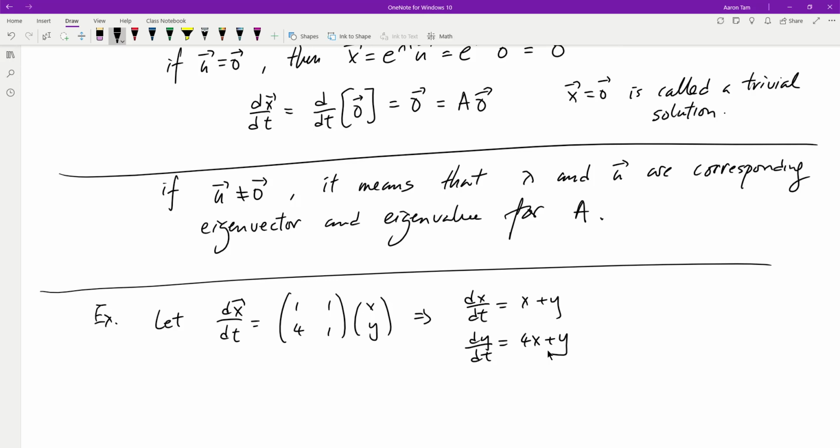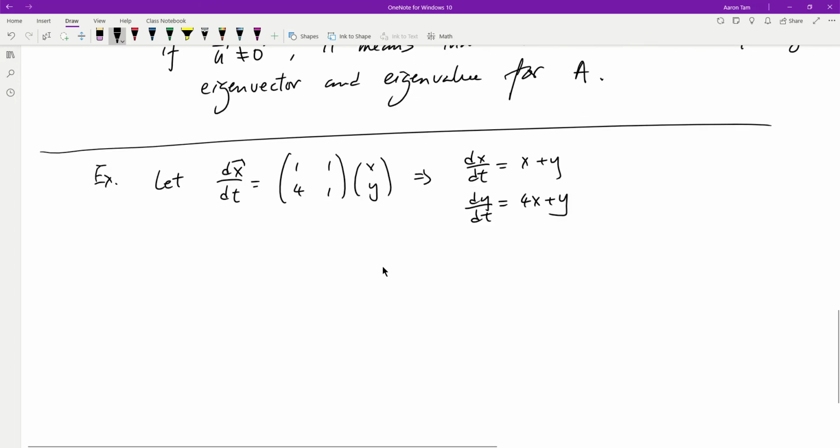That's the system in regular form, and that's also in matrix form. So let's try to solve this. I want to understand how the solution looks, so let's try to solve it using what we call the elimination method first.